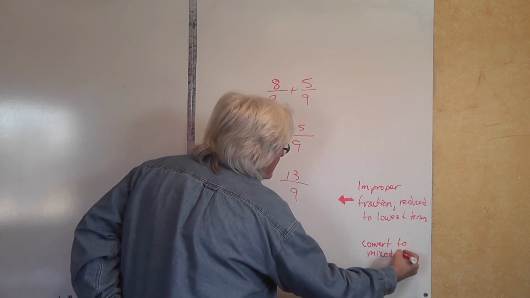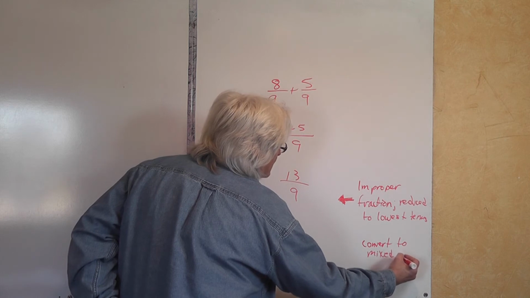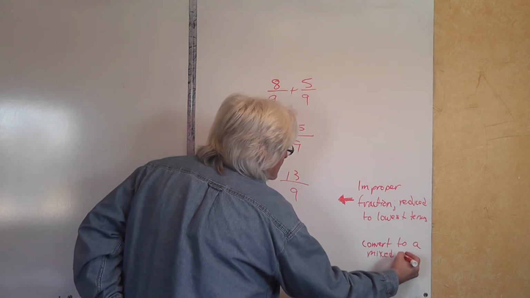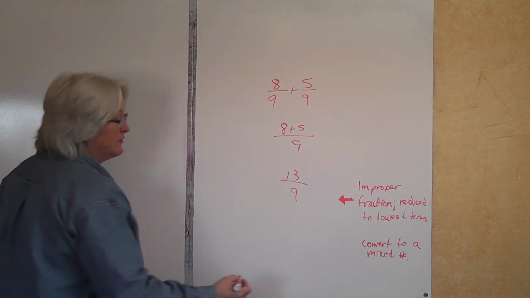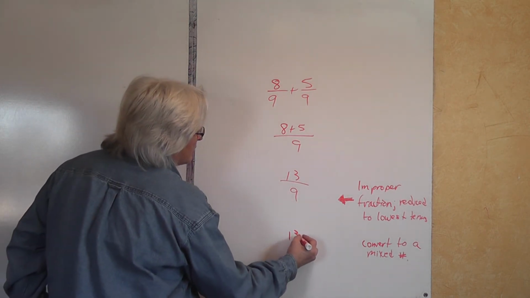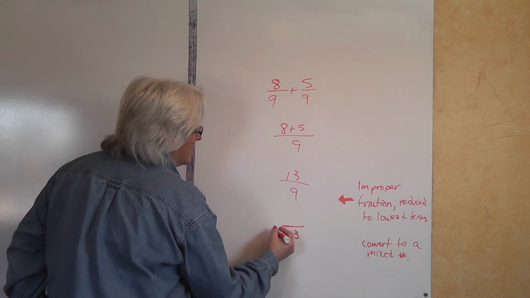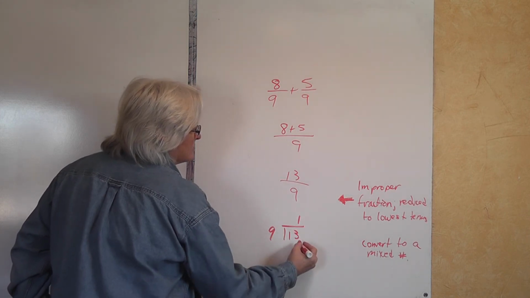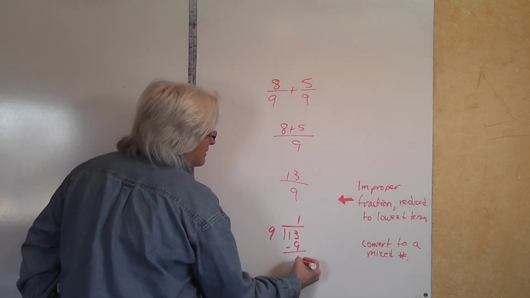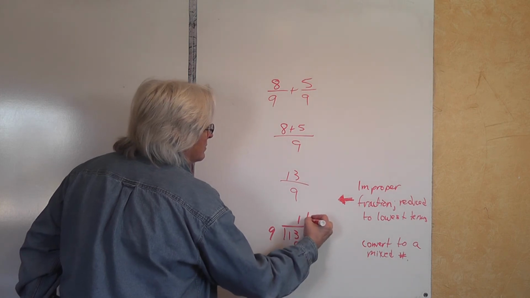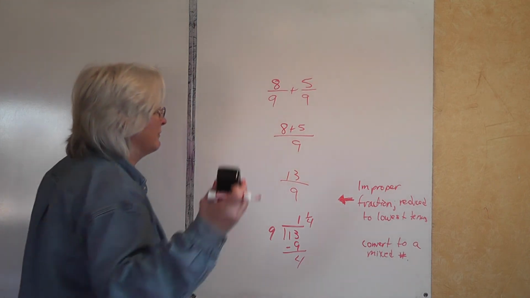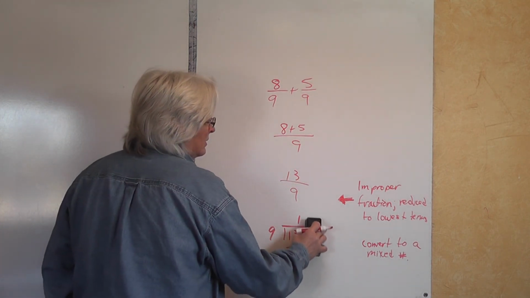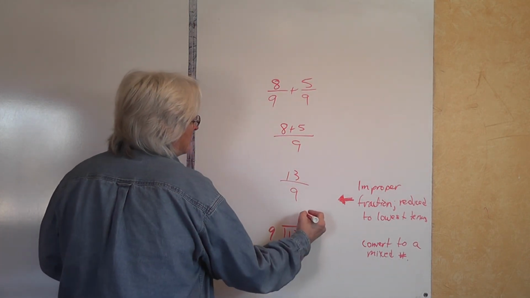How do you convert an improper fraction to a mixed number? To a mixed number, you work out the long division problem. 13 divided by 9. 1 times 9 is 9. When you subtract, you have a remainder of 4. The remainder becomes the numerator.